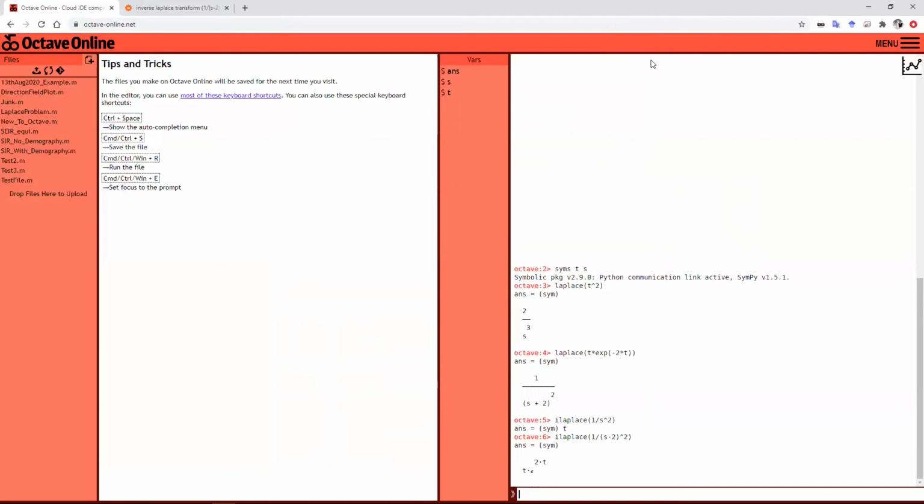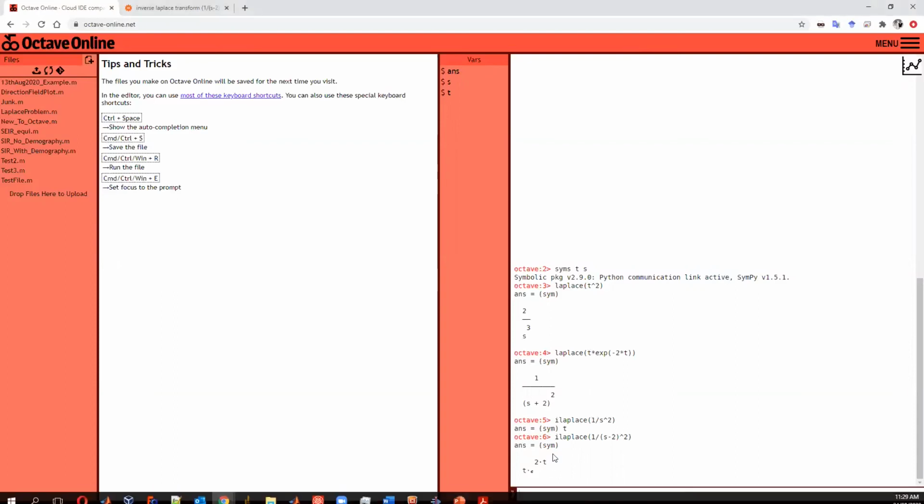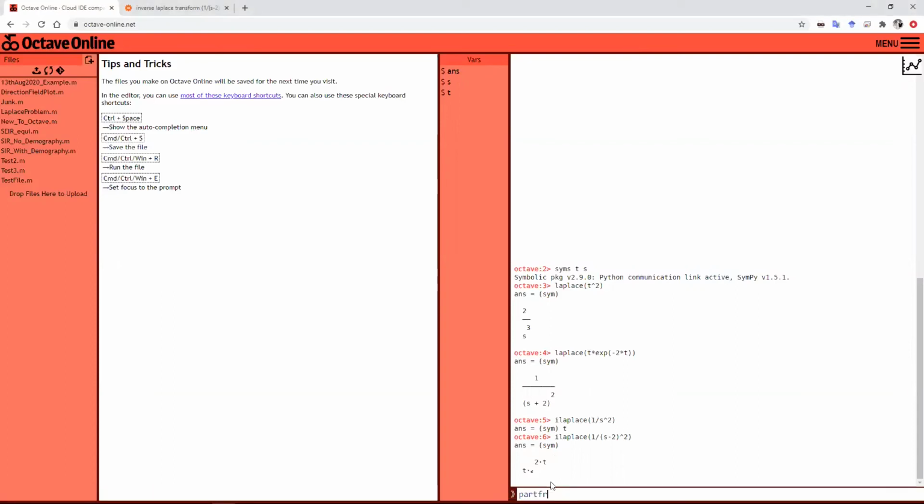And one more thing that may be interesting is to do with partial fractions. So Octave can in fact calculate the partial fraction decomposition for a function. And the command for that is partfrac. So partfrac, let's do the ratio of two things. Let's calculate the partial fraction decomposition of negative s squared plus 5 times s plus 17. So you may recognize this problem from lecture 25.